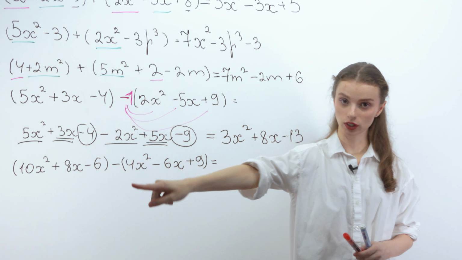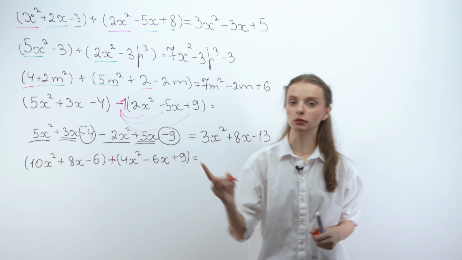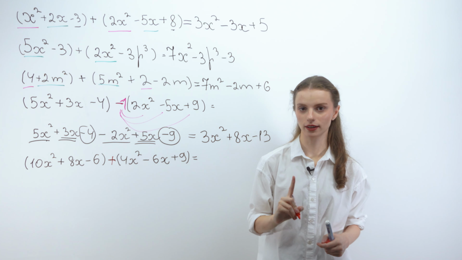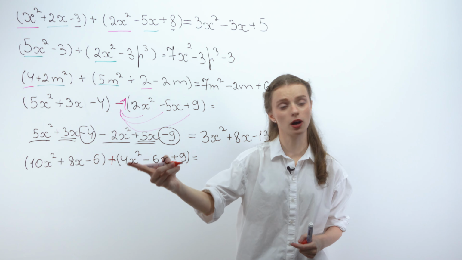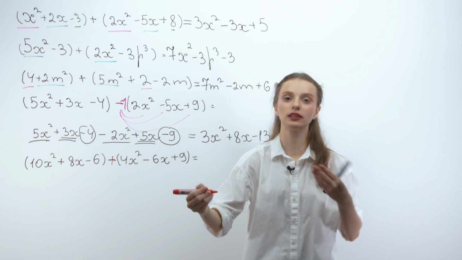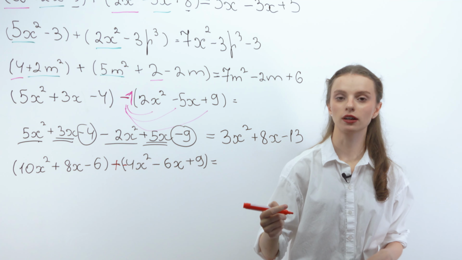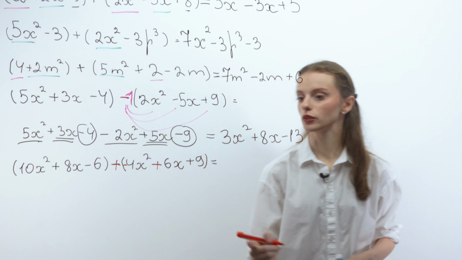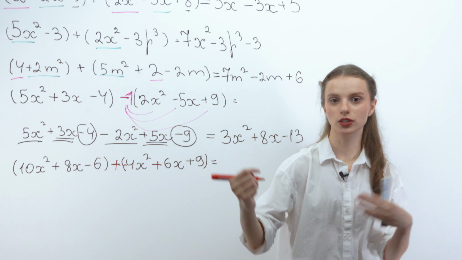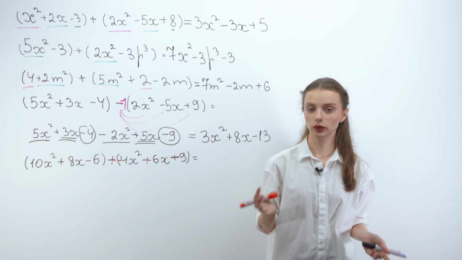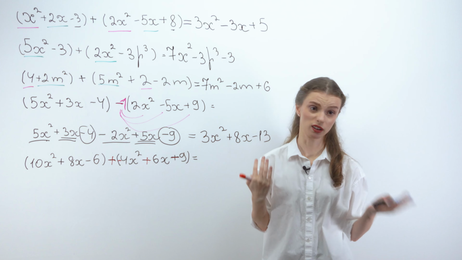So my negative here turns into a positive, and I'm going to change every single sign within the parentheses. So this was positive 4x squared, now it becomes negative 4x squared. So this was negative 6x, now it becomes positive 6x. So this was positive 9, now it turns into negative 9.